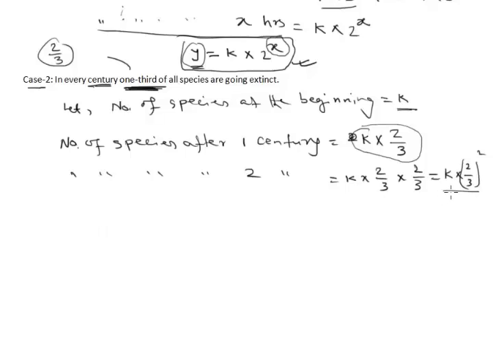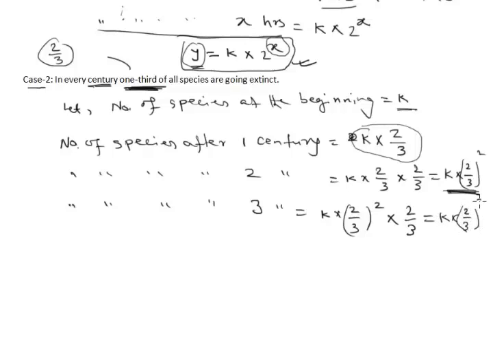Then in another century 1/3 will go extinct and another 2/3 of this will remain. So the number of species after 3 centuries will be K times (2/3) whole square times 2/3. So this can be written as K times (2/3) to the power 3.